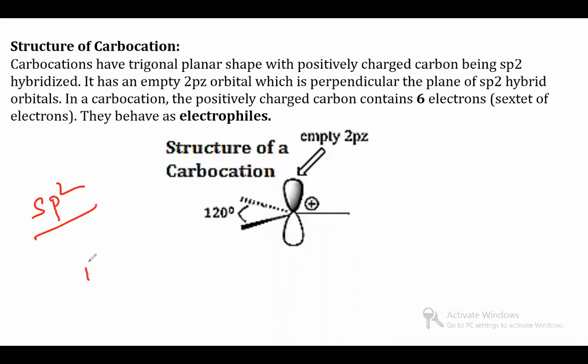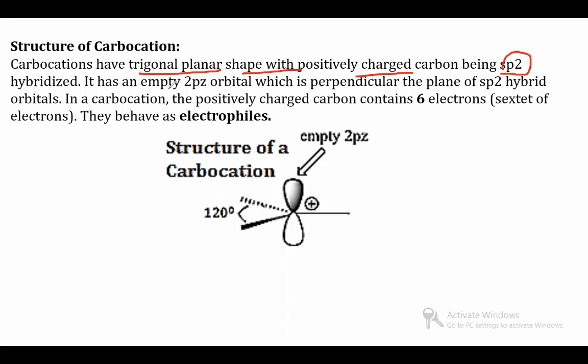sp2 hybridization is an example of an AB3 type of molecule: sp2, 2 plus 1 is 3. In the case of an AB3 type of molecule, we can have a trigonal planar structure, with three hybrid orbitals from s and p. So we notice sp2 hybridization in the carbocation, which has a trigonal planar shape with the positively charged carbon being sp2 hybridized.